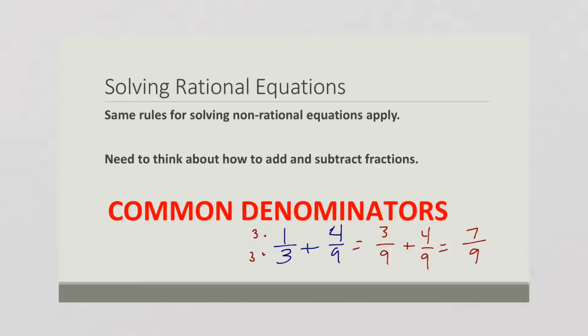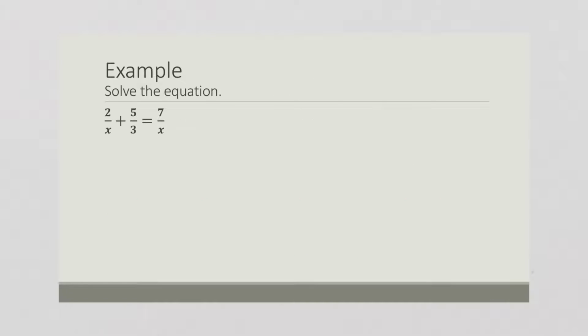This same rule is going to apply as we move forward with rational equations. Let's look at an example. Solve the equation. The first thing you need to do is identify your common denominator. And I always like to write mine separately so I know what I'm looking to work for. So in this case, I have an x and a 3 for denominators.